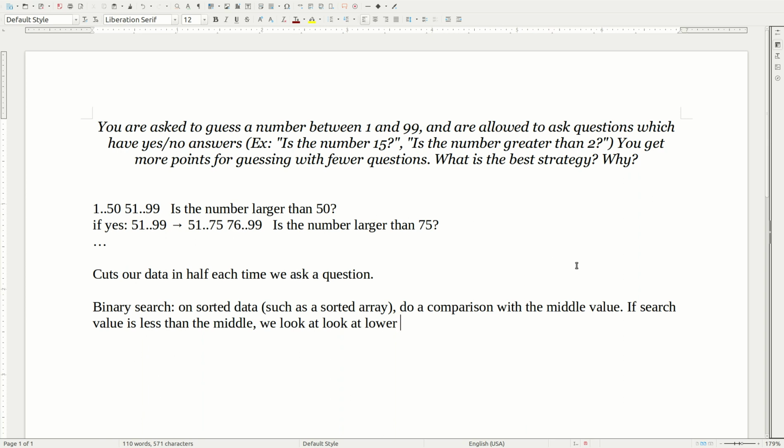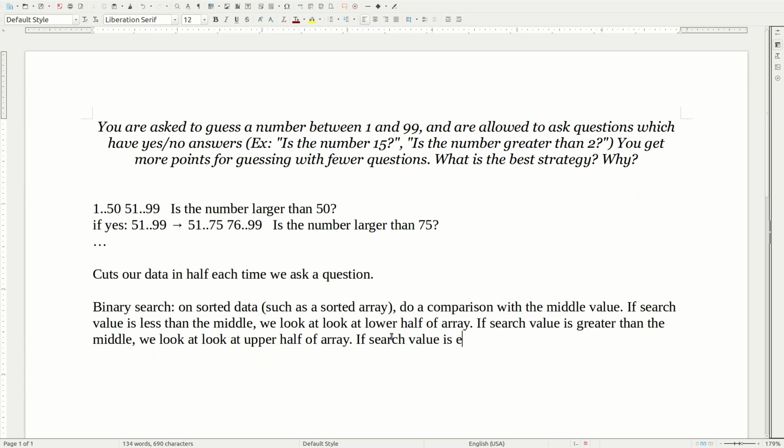If our value is higher, then we look at the upper half of the array. If the search value is equal to the middle, then we return that middle thing. We've found what we were looking for.